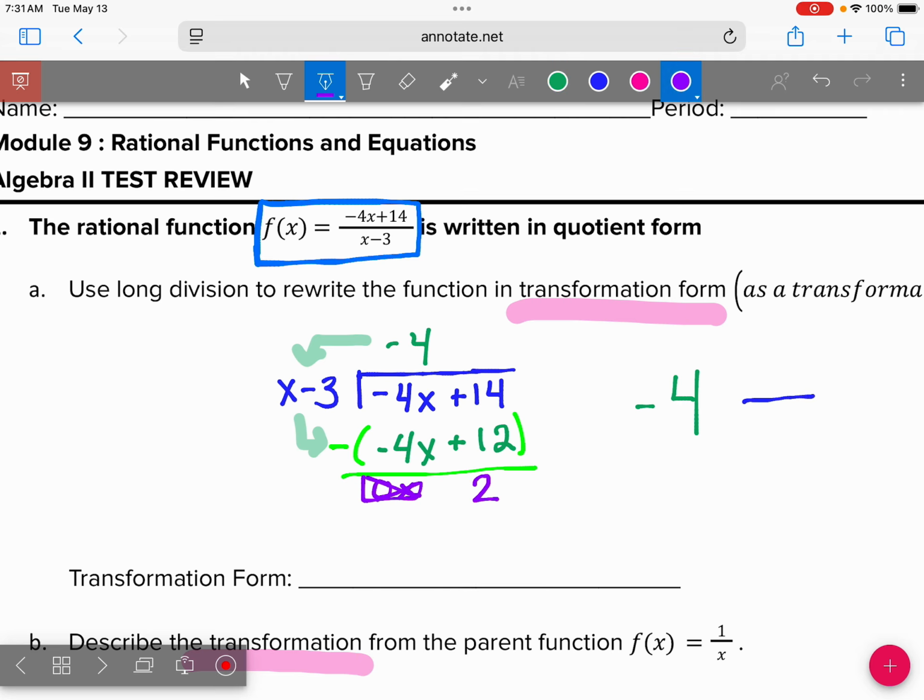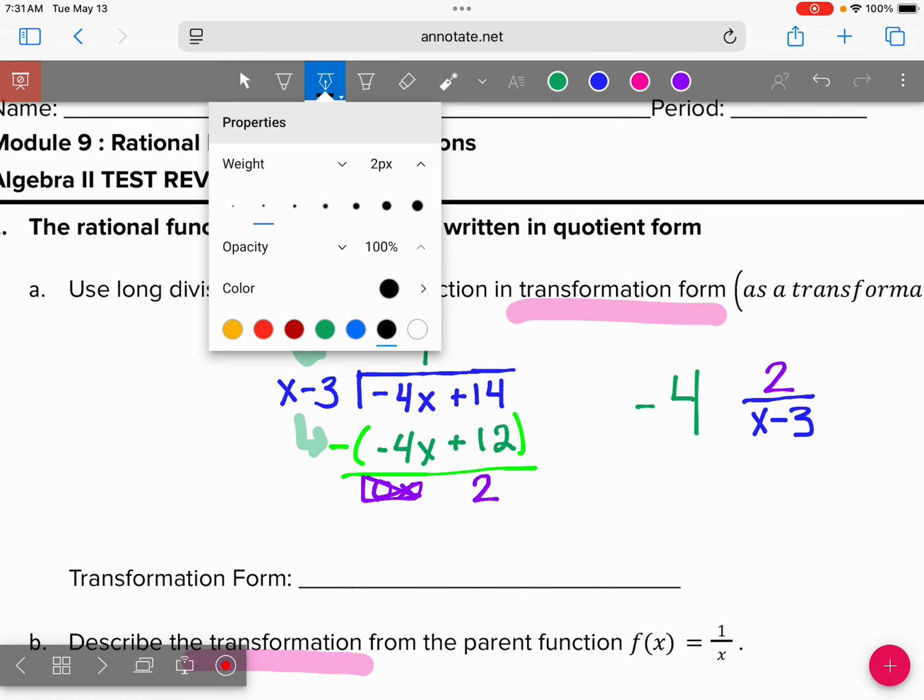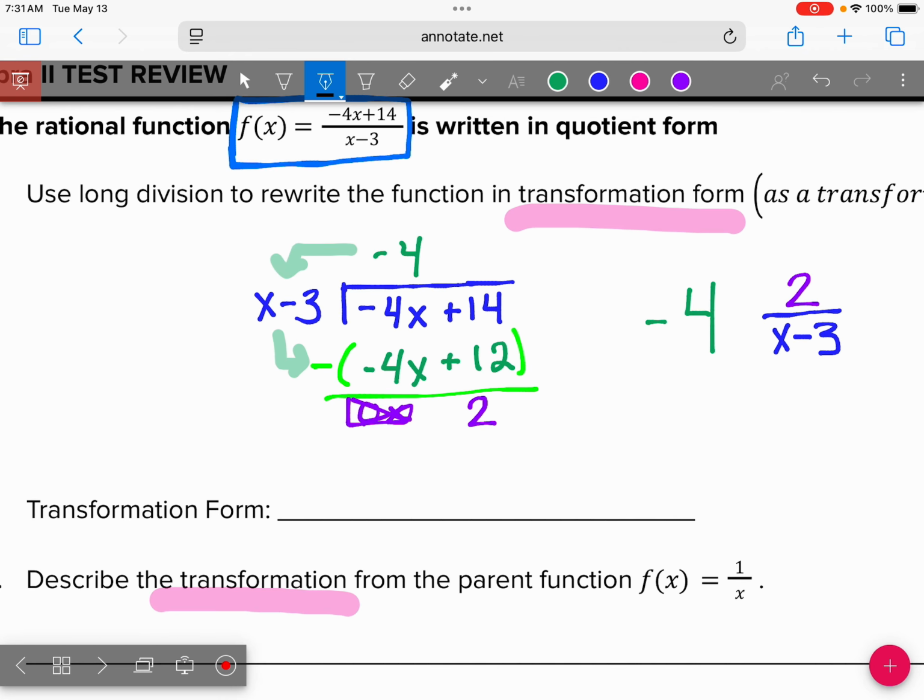Our remainder is the top of the fraction, and what we divided by is the bottom of the fraction. So we can think of it as negative 4 and 2 over x minus 3. That puts us into the transformation form just by switching those two pieces: 2 over x minus 3 plus negative 4, or minus 4.